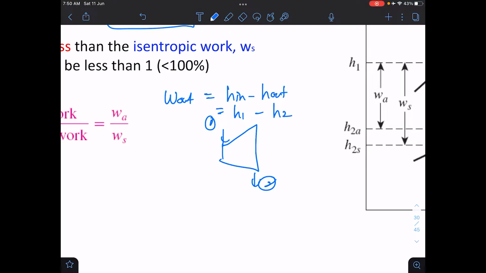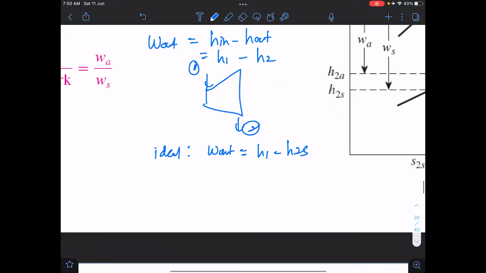As I mentioned just now, if the process is isentropic, or an ideal component, your output will be 2s, so your work out should be equal to H1 minus H2s. This is for ideal, while for the actual turbine, your work output will be calculated as H1 minus H2A, where A corresponds to the actual process.